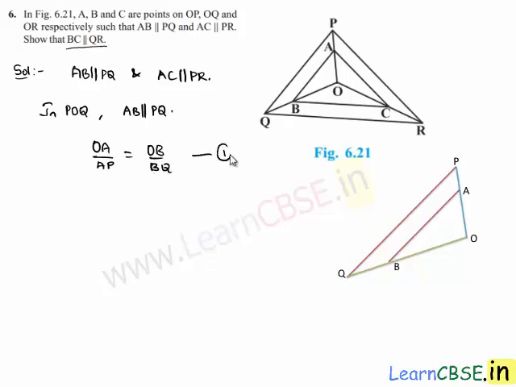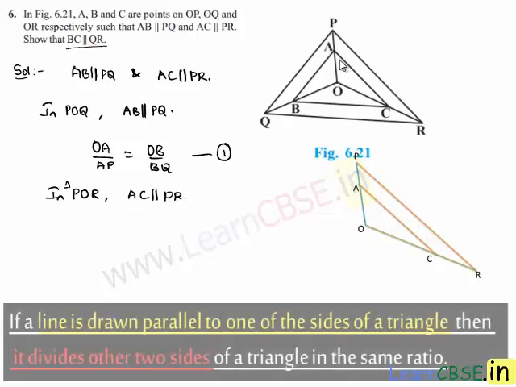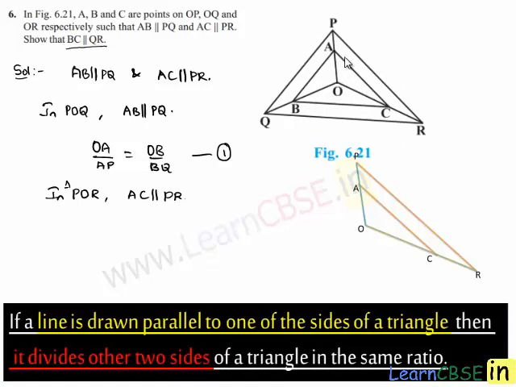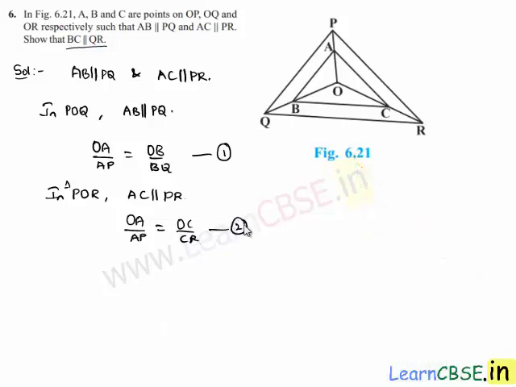Let it be as equation number 1. And in triangle POR, given that AC is parallel to PR, so from basic proportionality theorem, we can say that OA by AP is again equal to OC by CR. Let it be as second equation.